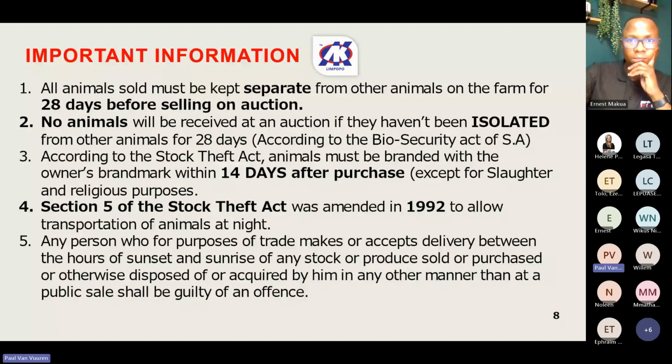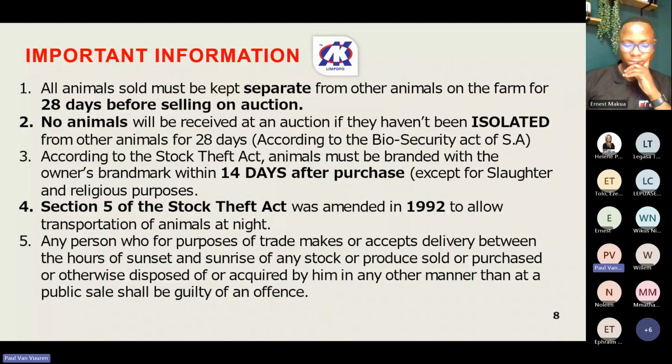After 2019, after the outbreak of foot and mouth, there was a biosecurity law that the government put in place, that after animals have been purchased, they have to be at your premises for 28 days before selling them, just not on auction to anybody.